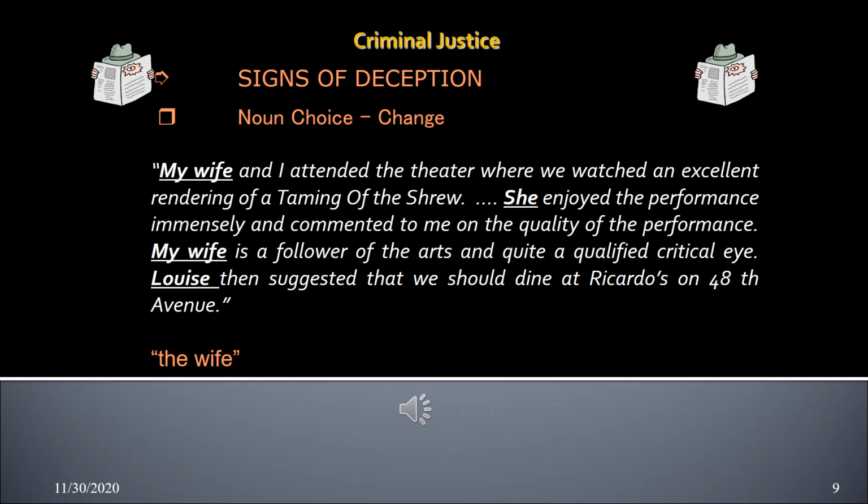So this is about noun choice. Now, once again, establishing a baseline is important. Now, I've taken this out of a larger statement, obviously, right? And so I'm just trying to show that there was an inconsistency in the changes that went on here. This individual killed his wife, and then obviously was trying to make up a story as to what they had done and where they'd been, etc. Right?